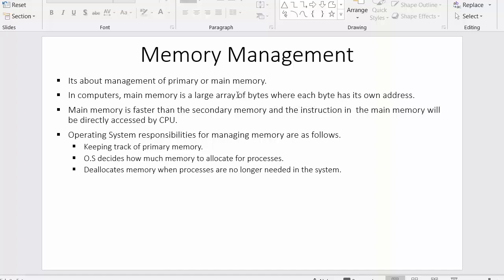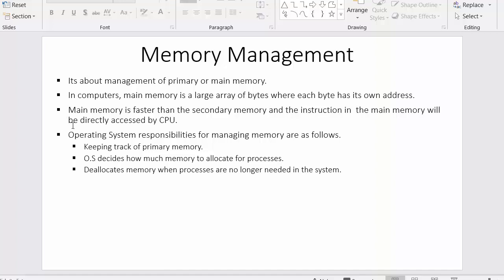Main memory is very important in computer systems, because it stores all our programs and all our processes, and we also call it RAM. In a memory system, each and every byte is identified with its own address.